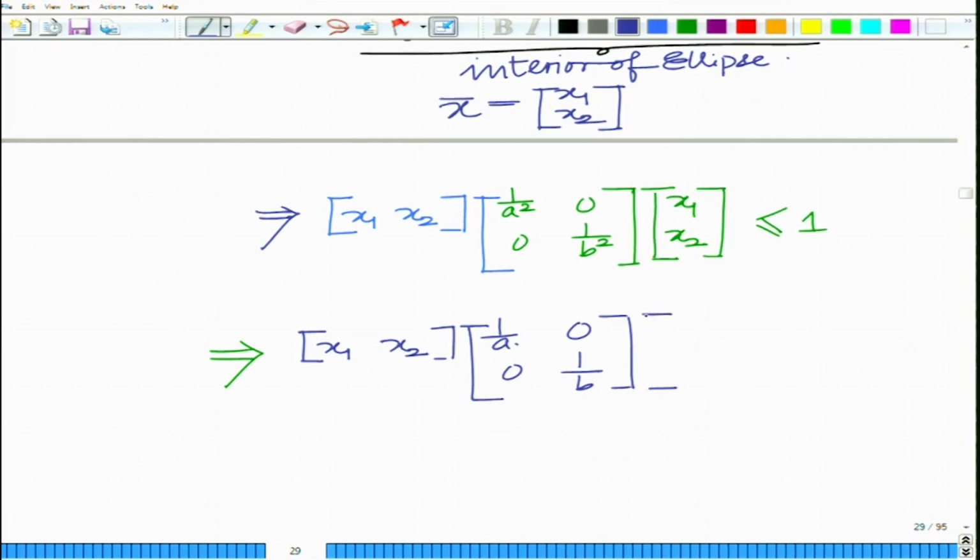The matrix into itself will give me 1 over a square and 1 over b square. So, 1 over a, 0, 0, 1 over b into x1 x2 is less than or equal to 1.